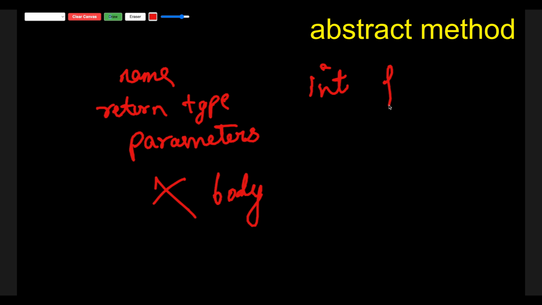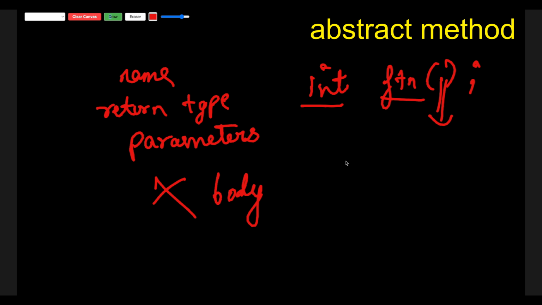An abstract method is a method that has a name, a return type, and the parameters, but no body. For example, int function. So we have the name, the return type, and certain parameters, but we don't have any body.